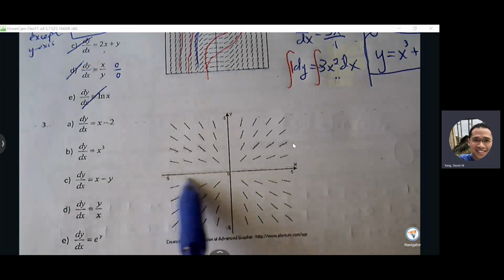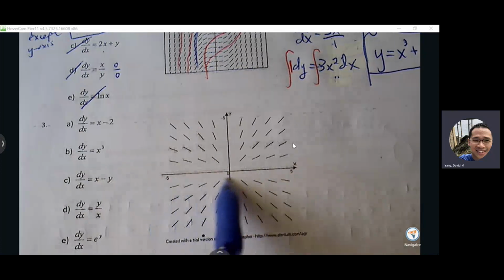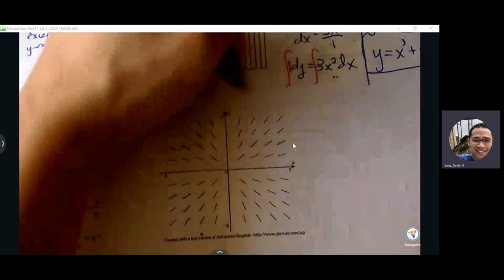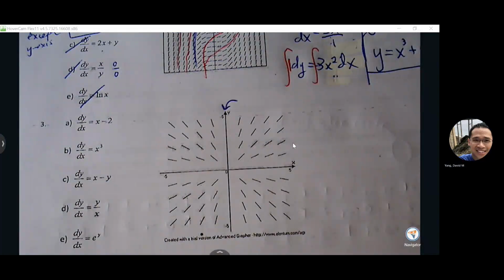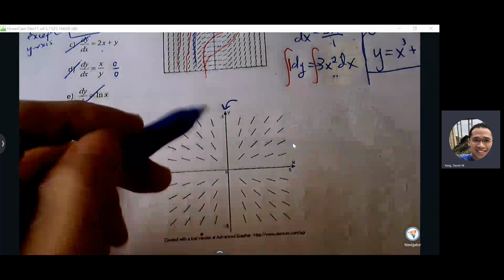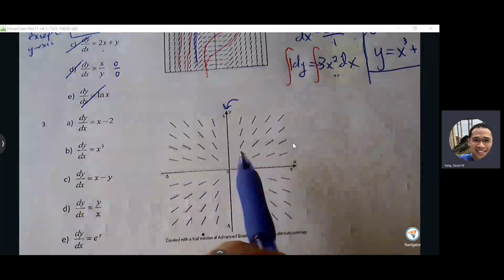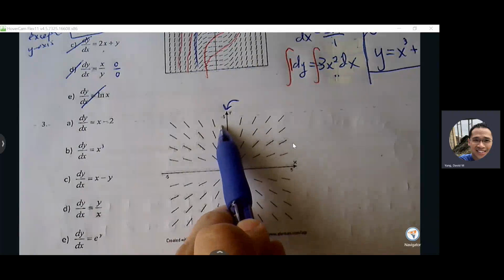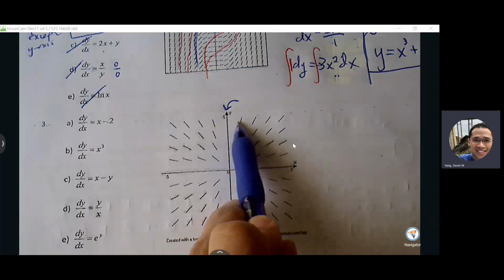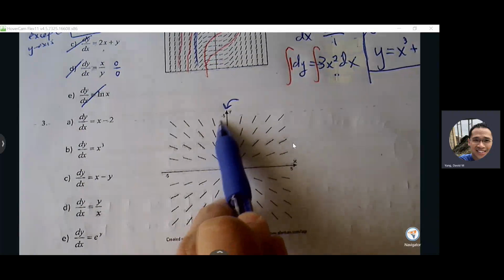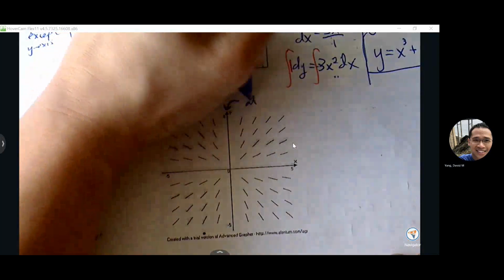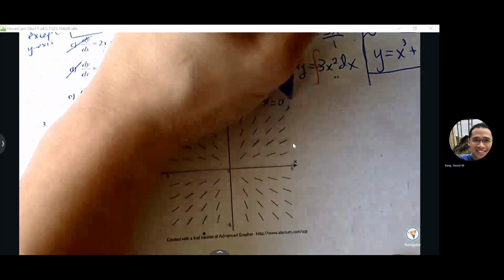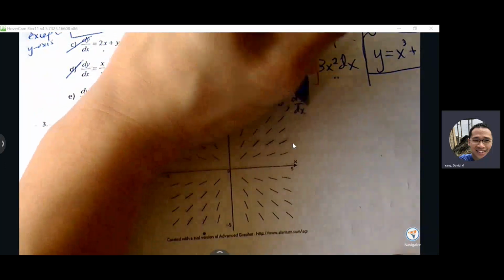So we really can't depend on what's happening here. But what do you know about the y-axis? It's definitely undefined, right? Because there can't be any vertical lines here, and if there were, the slope field should show them. So here we can definitely tell that at x equals 0, my dy dx should be undefined.